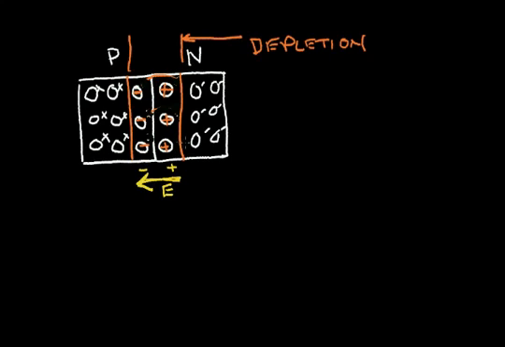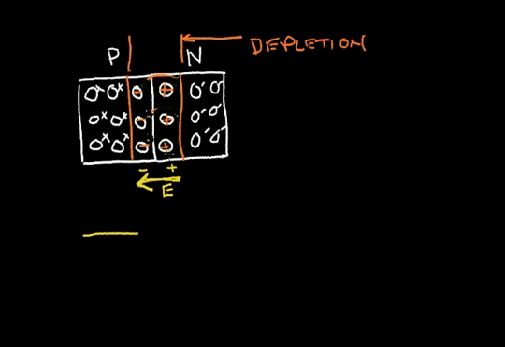So what does this mean? Let's do a plot of voltage. Now this region in the P-type to the left of the depletion region is neutral. So if we plot the voltage, it has a constant voltage.